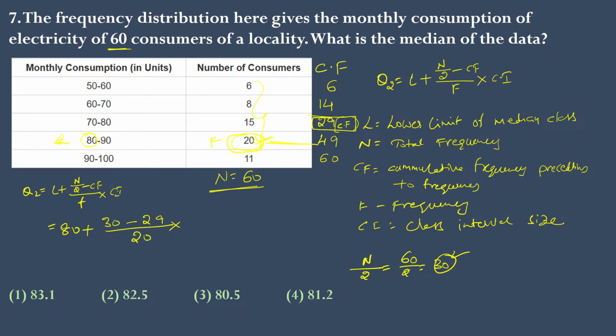Class interval size is upper limit minus lower limit: 90 minus 80 we get 10. So 80 plus 1 by 20 into 10, zeros cancel, so 80 plus 1 by 2, which is 80.5. Option 3 is correct.